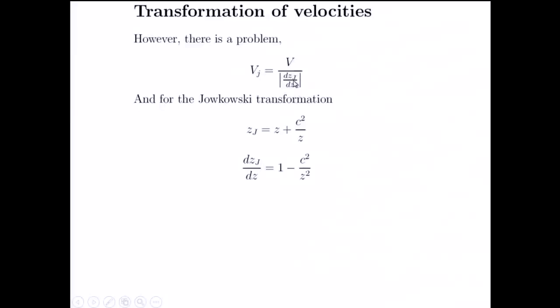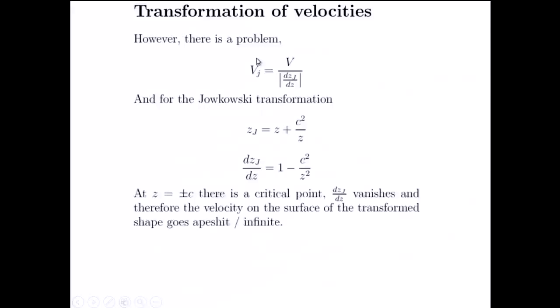And remember what we said about the critical point. The critical point is the point where the derivative goes to 0, which means that we are dividing V by a 0. That means in the transformed plane, we'll get infinity for Vj, right? So at these 2 points, there's going to be a problem in the transformed plane.